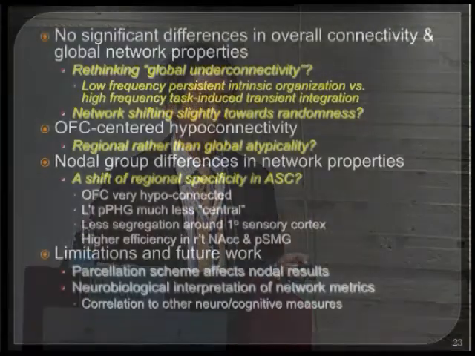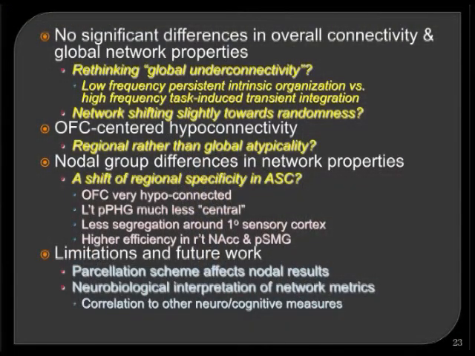There is plenty of evidence showing that people with autism may have decreased long-range connectivity in task conditions, but in a resting condition, tapping very low frequency oscillations, we cannot really find striking global differences between the two groups. This is the first thing we have to think about.